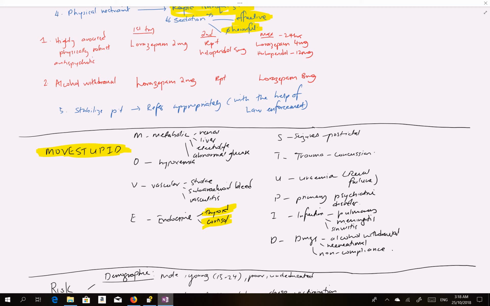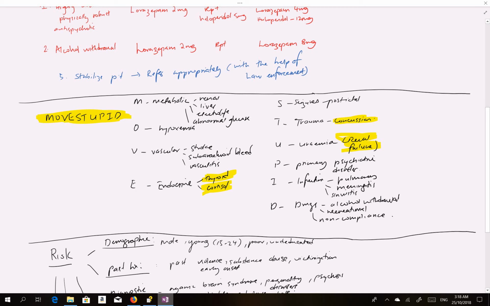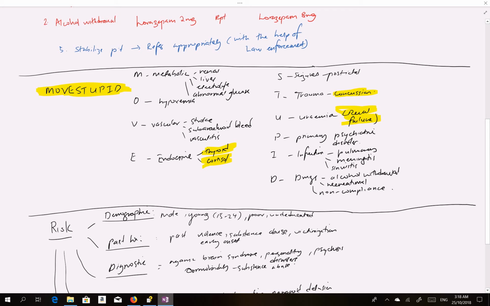So that's MOVE. S stands for seizures, usually in the post-ictal phase, when sometimes they can become aggressive. T is for trauma, and you'd worry about concussions. U is for uremia, particularly in renal failure. P is for primary psychotic disorder, if they are known to have a psychological illness. I is for infection, and the thing you're worried about here is meningitis; it could be pulmonary or sinusitis as well.